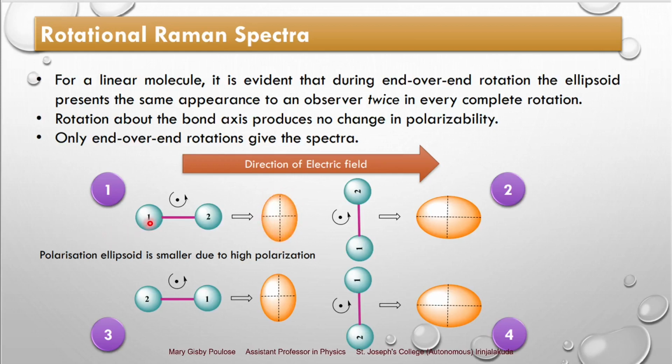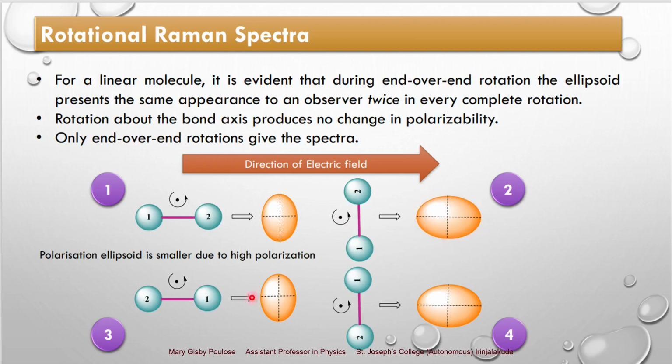Now when it undergoes rotation by 90 degrees, it comes into this shape. Here, in this direction, polarizability being maximum, the ellipsoid will have minimum distance, whereas in this direction, the polarizability being minimum will have the maximum distance in the ellipsoid. Hence, the polarizability ellipsoid takes this form.